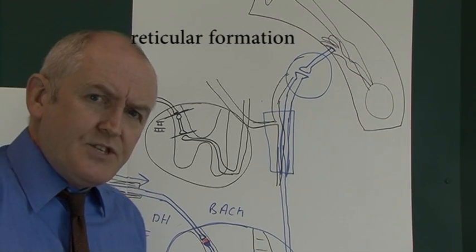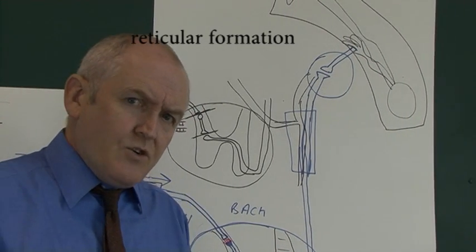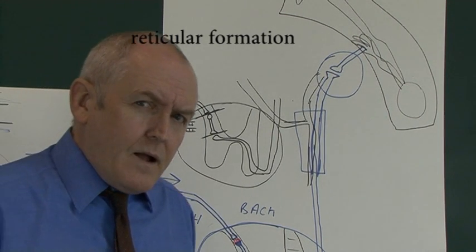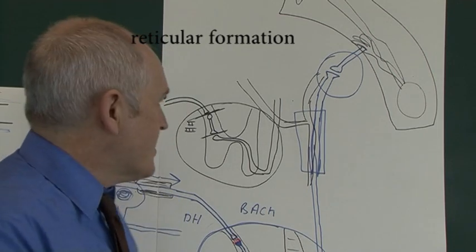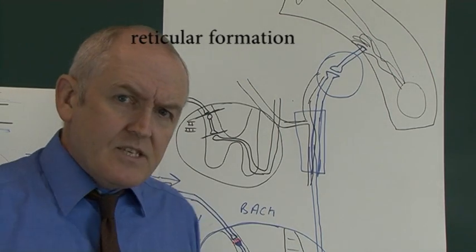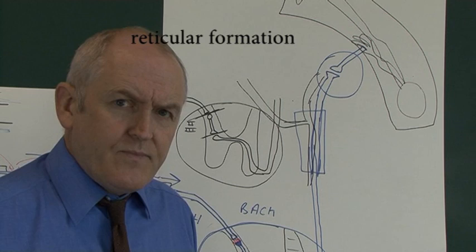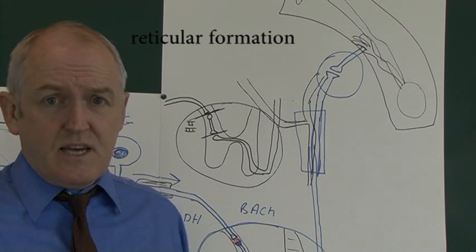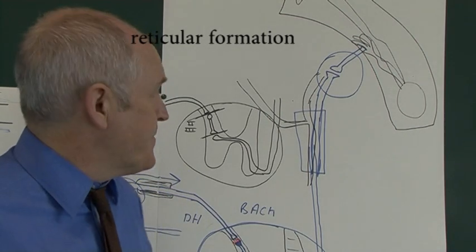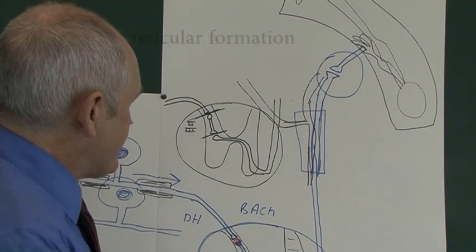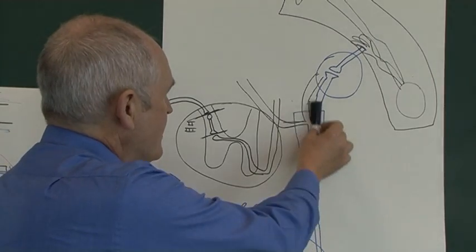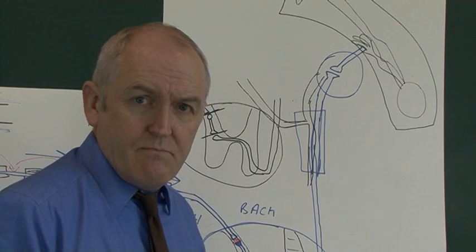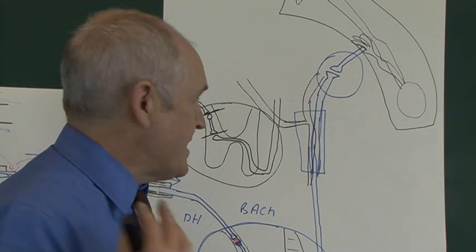And the reticular formation is important because that's what makes us conscious and keeps us awake, the reticular system. So if there's a lot of pain going to the reticular system, that's going to activate it. And that's why patients in pain can't sleep. They can't get to sleep because their reticular system is activated. So this C fibre is coming up as normal, but branches are going off to the reticular system, meaning the patient is activated and awake.